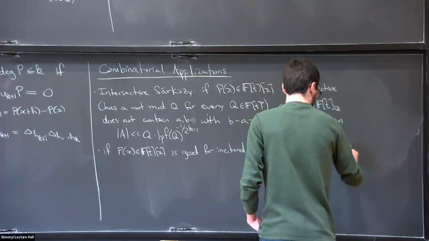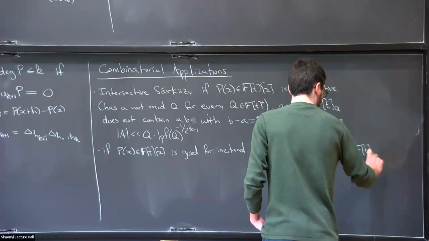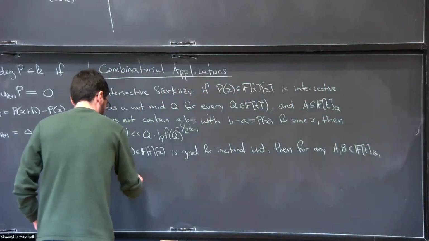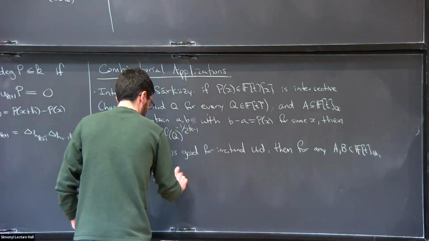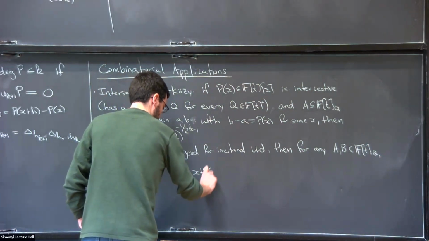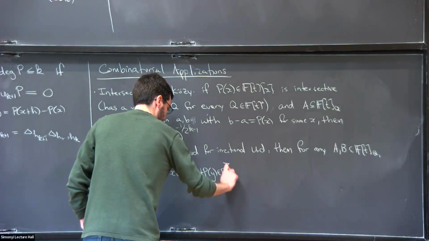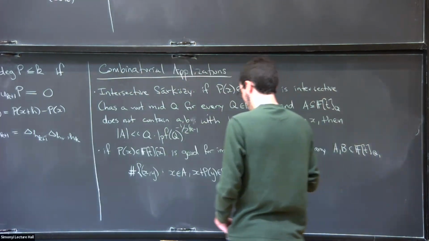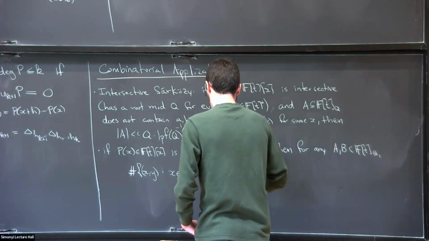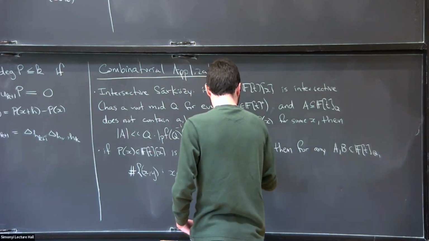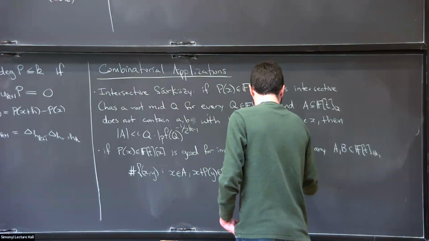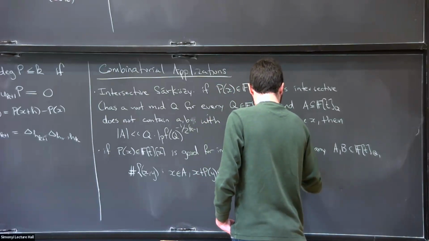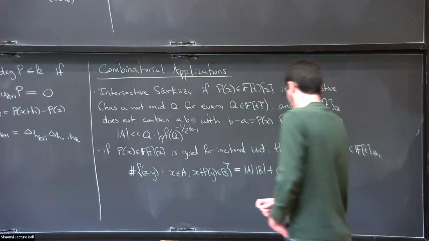Any 2 sets A and B whose difference is a value of the polynomial. This is going to be what I should get: size of A times size of B, and then some term here that's a lower order.